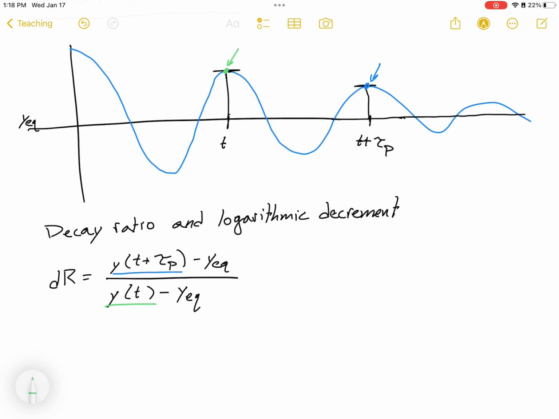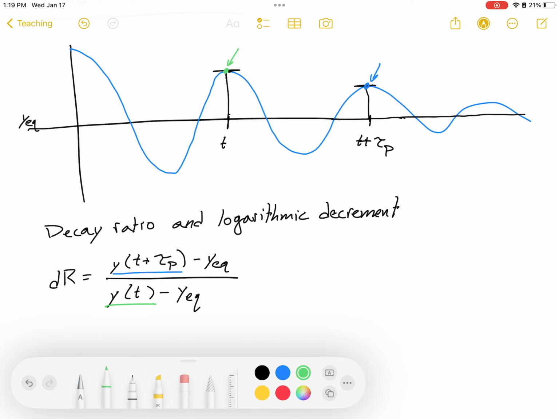And so in a decaying system, the decay ratio is always going to be less than 1, because you have the smaller quantity in blue on the top and the larger quantity in green on the bottom of the fraction.